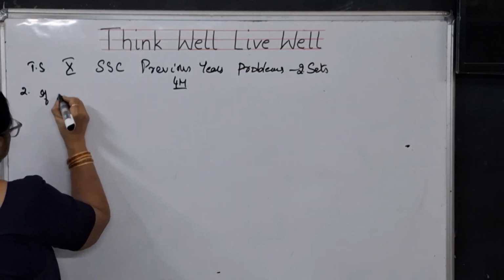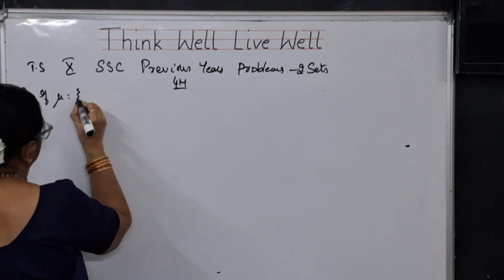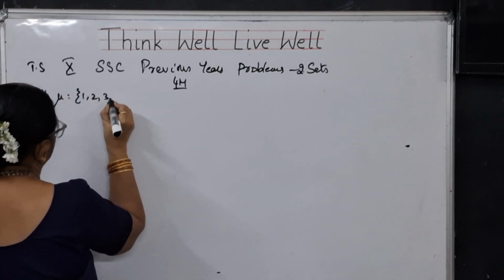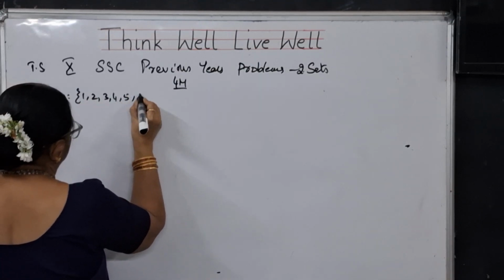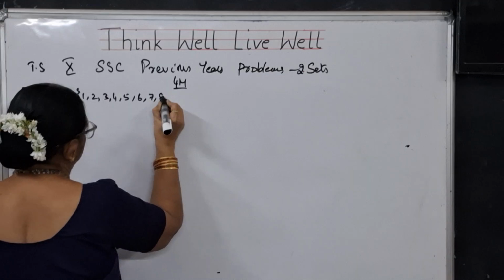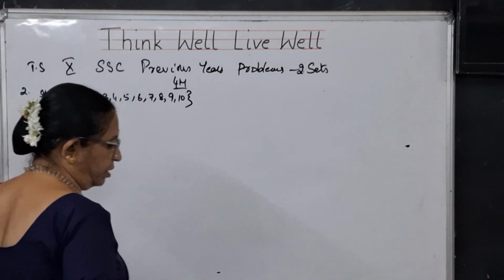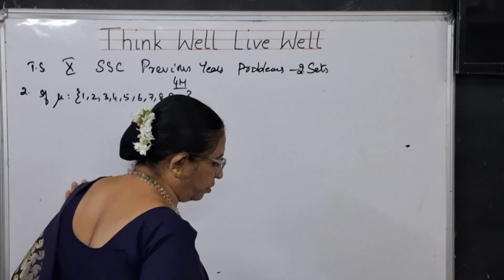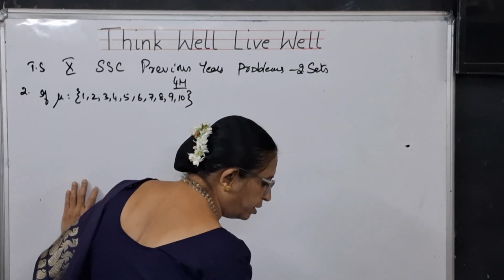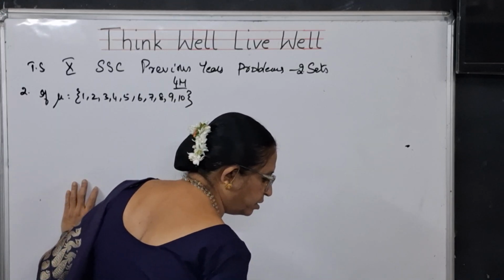If mu is the universal set 1, 2, 3, 4, 5, 6, 7, 8, 9, 10, these are the elements present in mu. A is equal to 2, 3, 5, 8.